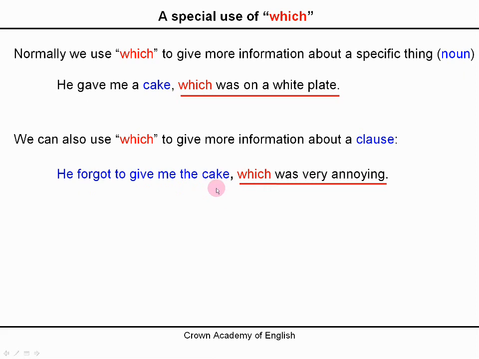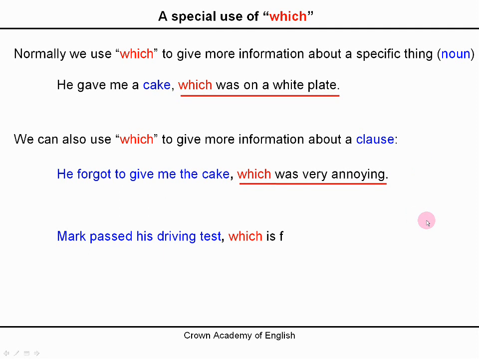It's referring to the situation. So the cake is not annoying. It is the fact that he forgot to give me the cake. The situation was very annoying. The whole clause, all of this was very annoying. Okay, so this is a very special case where which refers to a clause, not just a noun.